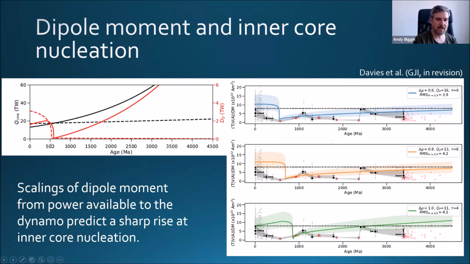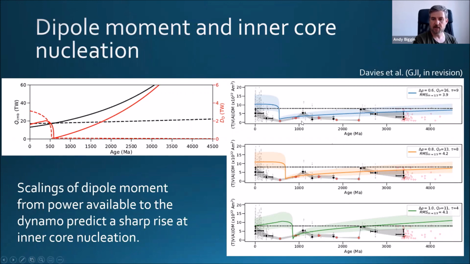But then suddenly there's a massive non-stationary and these powers jump up, and that is the point of inner core nucleation. Because suddenly you're introducing this game-changing efficient process of compositional convection within Earth's core, which gives the dynamo much more power to generate a magnetic field.